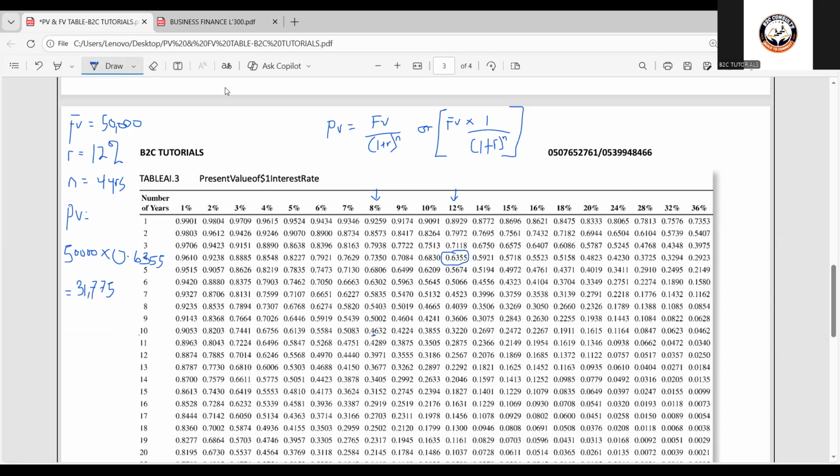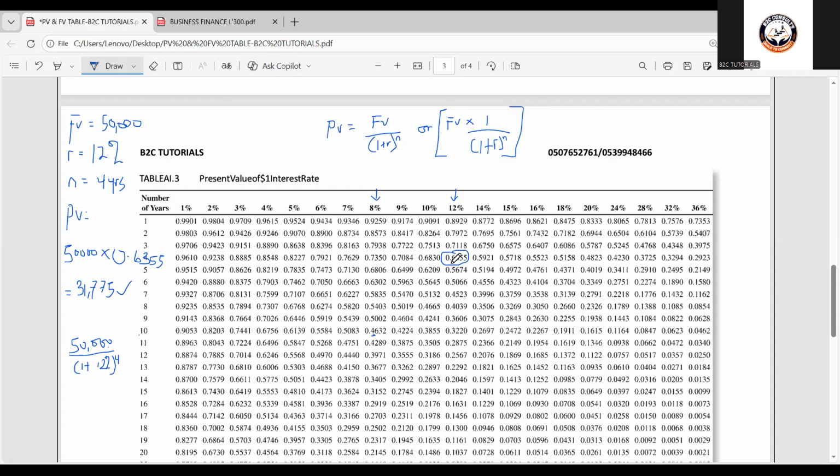Now, if you're in doubt, you can just prove your answer by having 50,000 divided by 1 plus 12% raised to the power 4 years, and confirm if your answer would be the same as this, or very close to it.